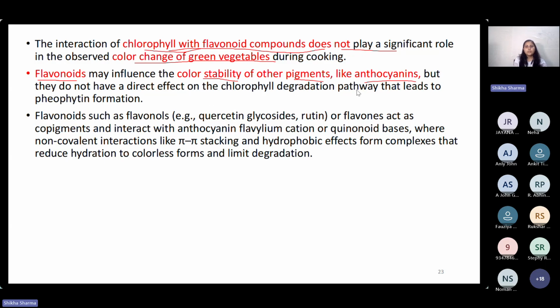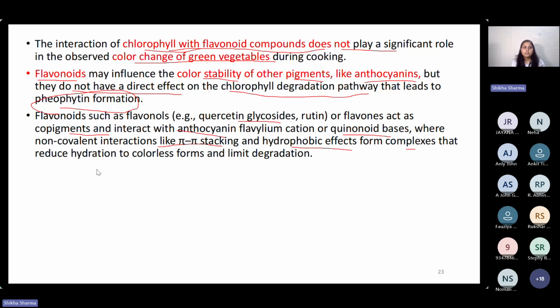So in the chlorophyll degradation pathway, where pheophytin is forming, flavonoid has no direct effect. But flavonoids, basically flavonols like quercetin glycosides and rutin, act as co-pigments and interact with the anthocyanin flavylium cations or other quinoidal bases, and form non-covalent interactions like pi-pi stacking and hydrophobic effects, forming complexes.